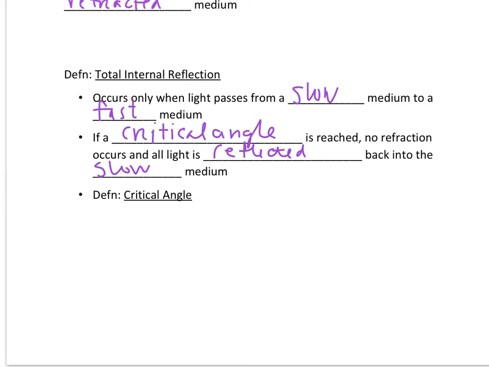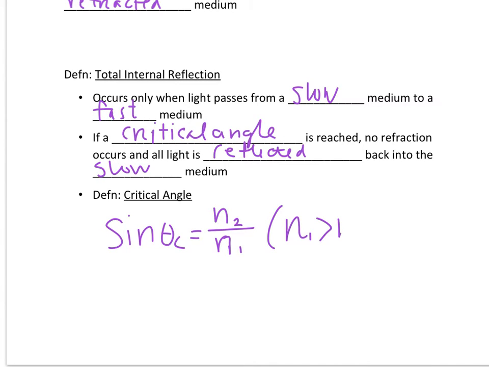So what is a critical angle? Sine of the critical angle is equal to N2 over N1, the refracted medium over the incident medium, where N1 has to be greater than N2. Just a note on these Ns, a higher index of refraction means a slower medium.